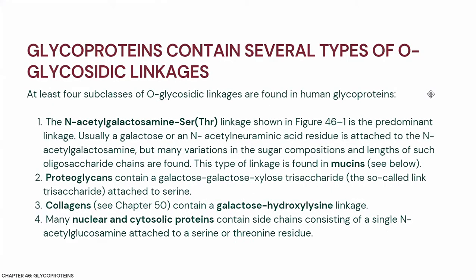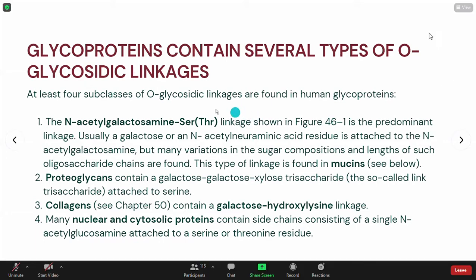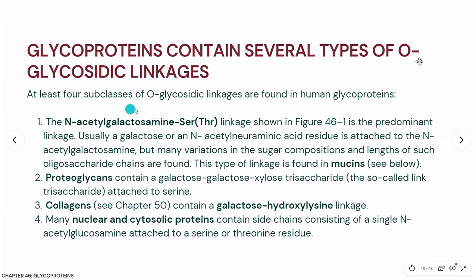Glycoproteins contain several types of glycosidic linkages. For oxygen link, we usually have serine and threonine. Now, here we have N-acetyl galactosamine, which is a sugar attached to serine and threonine.